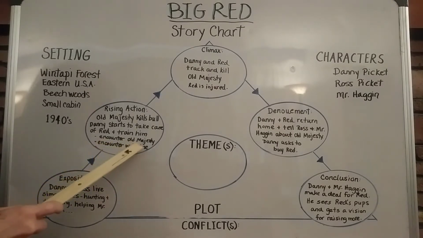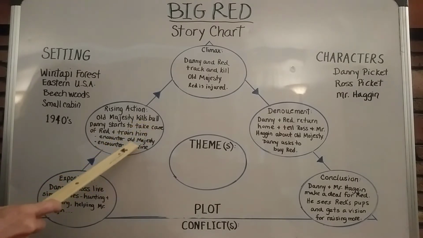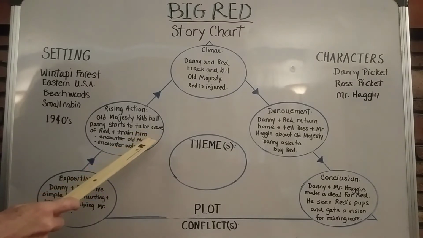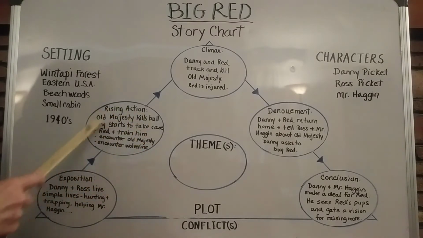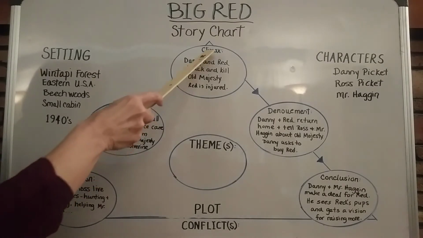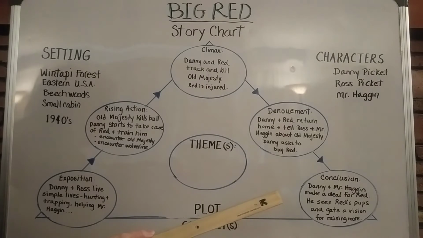They have an encounter with Old Majesty, they have an encounter with the Wolverine, and lots of other adventures along the way. Danny goes to the dog show, and Ross gets injured, and lots of other things happen. But you can just put a couple of the main events that happen from the beginning of the story up to the climax. Now the climax is where Danny and Red track and kill Old Majesty.